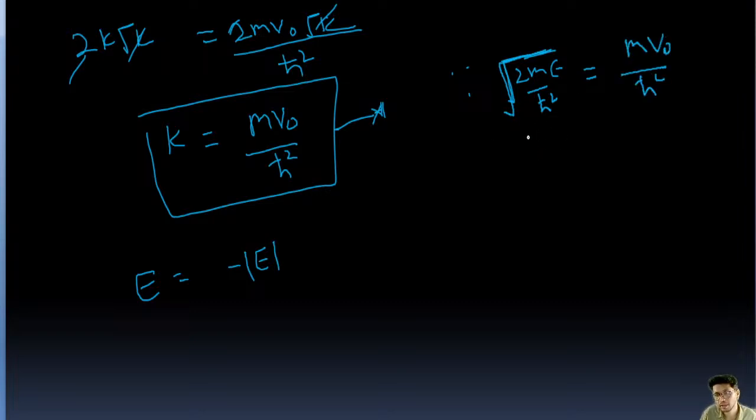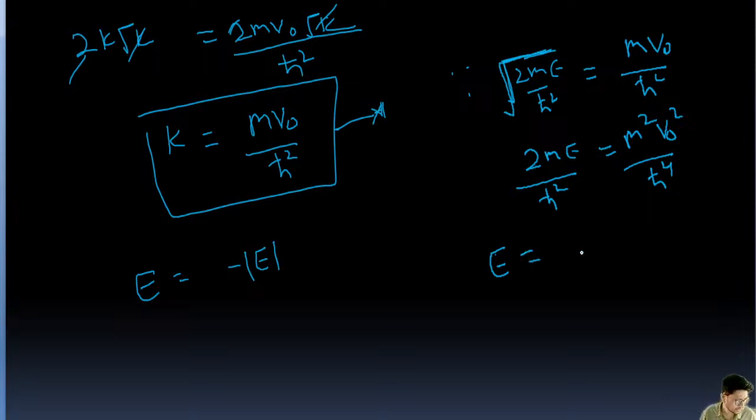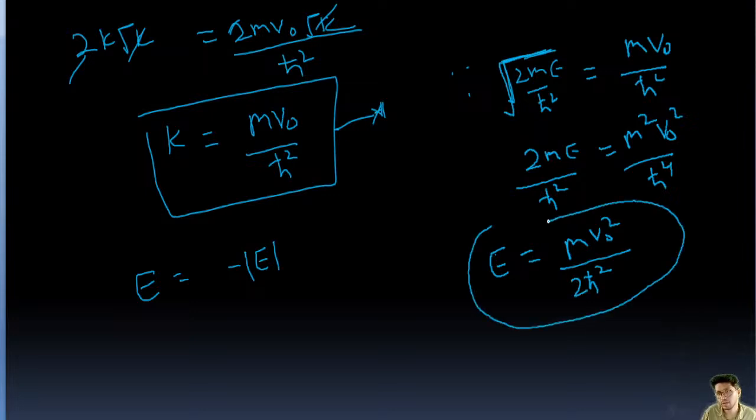From here, this is going to be 2m upon h cut square. We'll open the root and square both sides. So m square v naught square upon h to the power 4. So the value of e is going to be m v naught square upon 2 h cut square. 2 is also there.